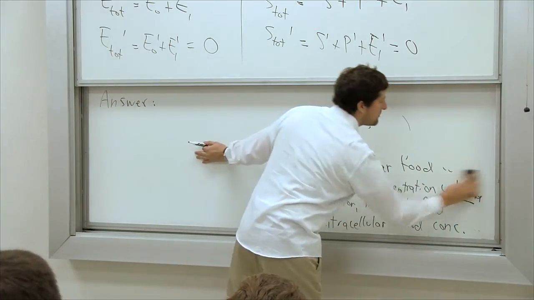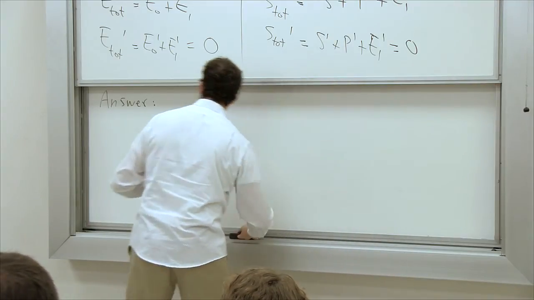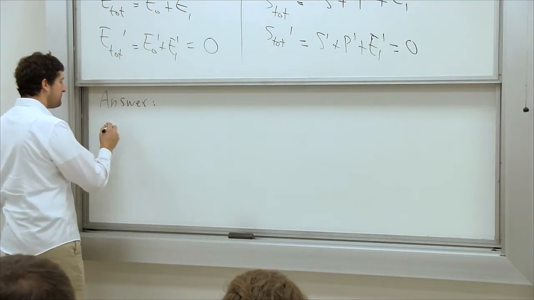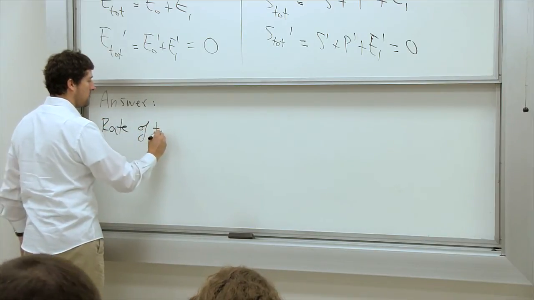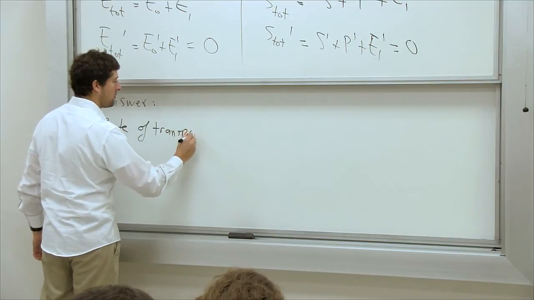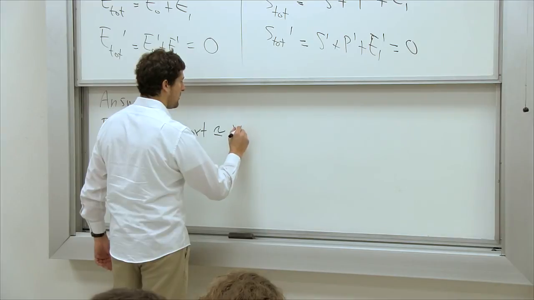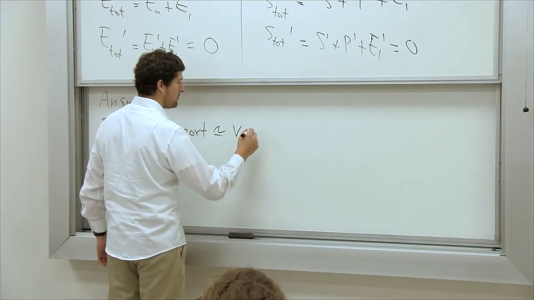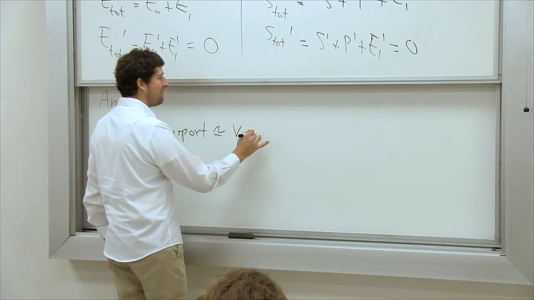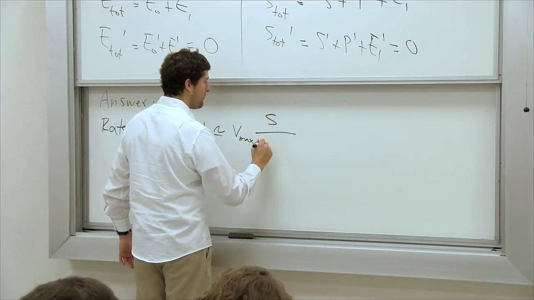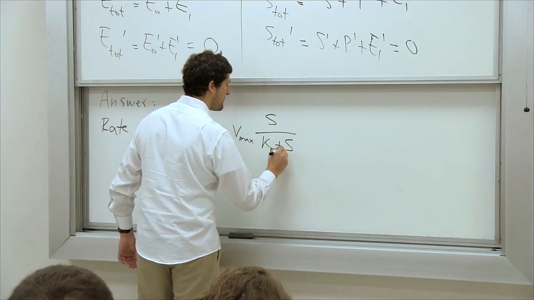The rate of transport is roughly equal to a parameter, let's call it Vmax, multiplied by S divided by Km plus S.